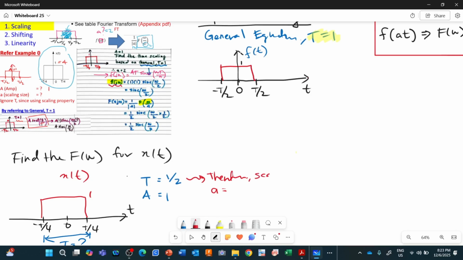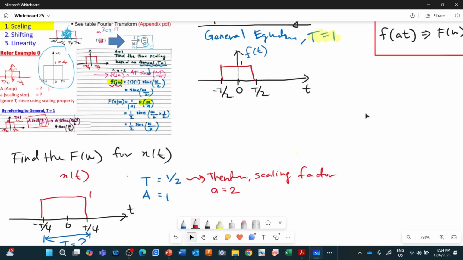Therefore, scaling factor A is equivalent to 2. Remember chapter 1 again. This is really important. That's why chapter 1 is important to understand scaling factor, compress and expand. Compress is when you have 2 times. So basically, scaling factor is A. In this Fourier transform, we call it A. So A equal to 2.